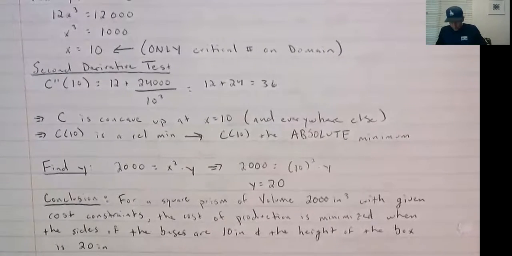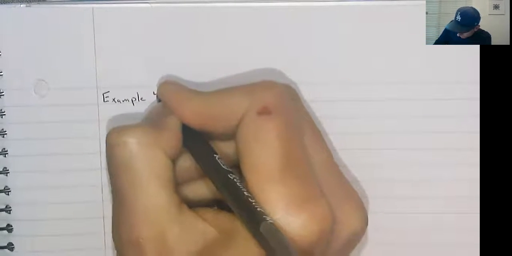So here's the sitch. Call this example 4 because that's what it is. A right circular cylinder is to be inscribed, oh, that's a fancy word, in a sphere of given radius.